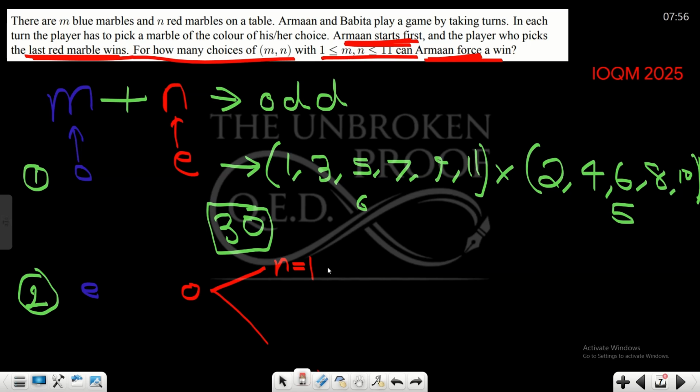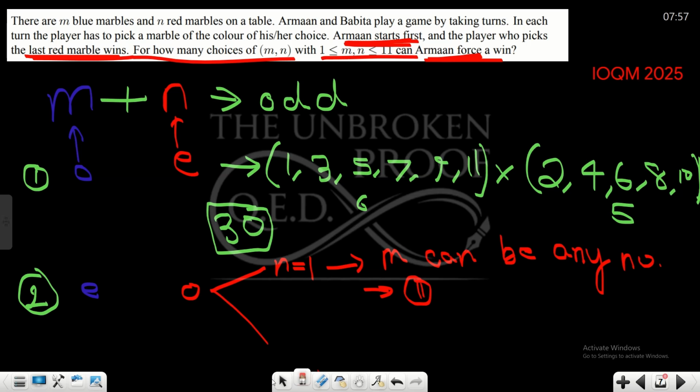That's why this is a very special case, and for it, M can be any number, even or odd, from 1 to 11. So here you will have 11 cases. This is the only special case.